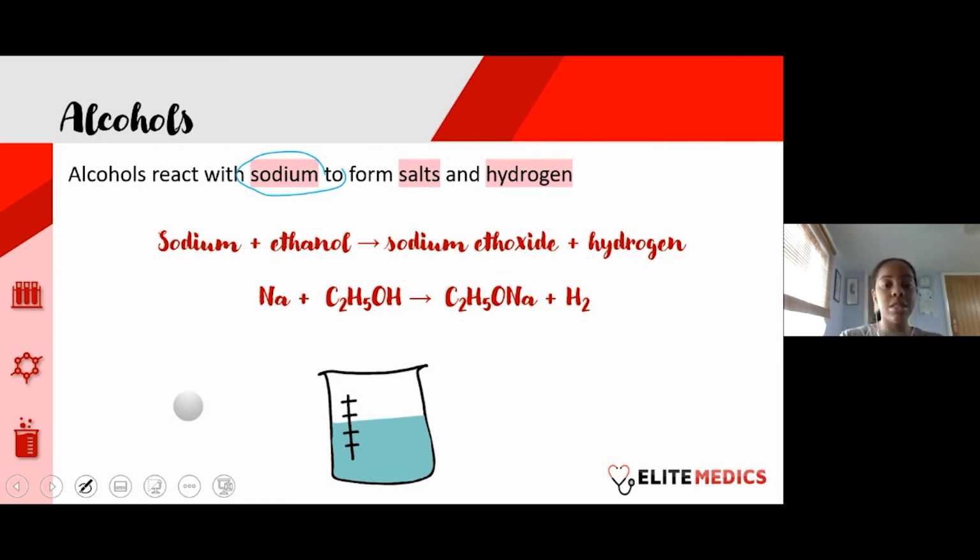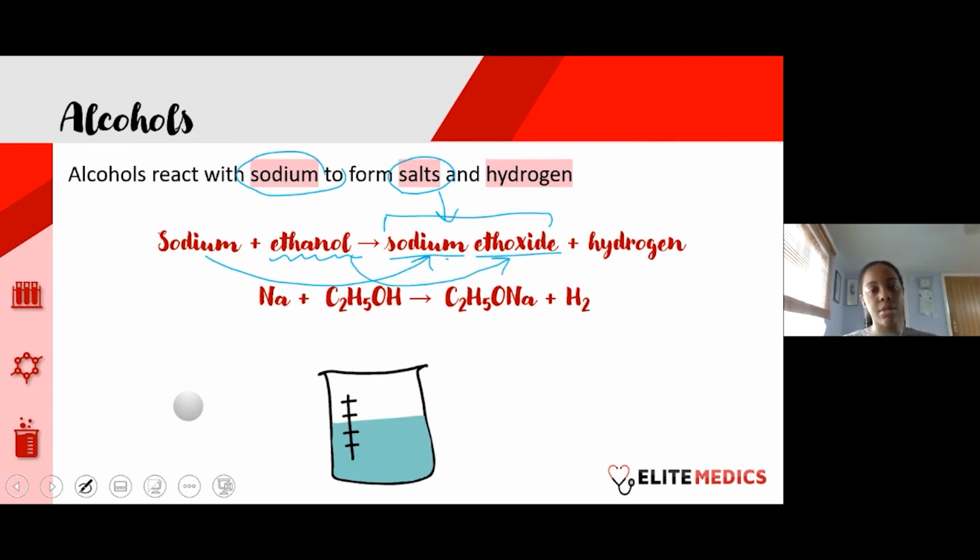Okay, so with the salt here, we still have the name of the metal going first. Okay, so the sodium, but our second part of the salt name will be taken from our alcohol. Okay, so this alcohol is called ethanol, and it makes a salt called ethoxide.